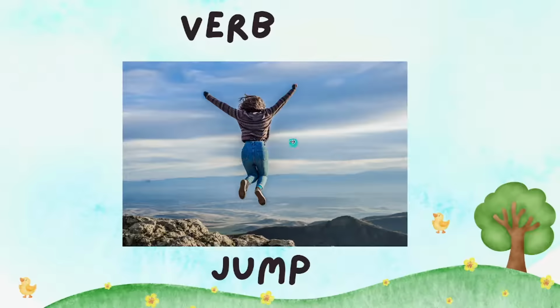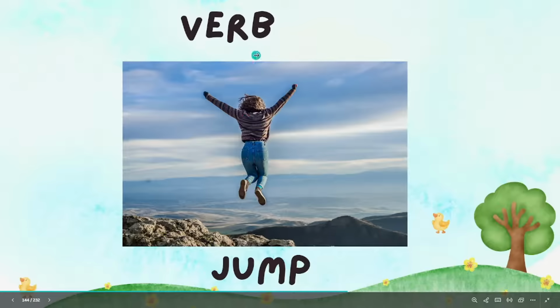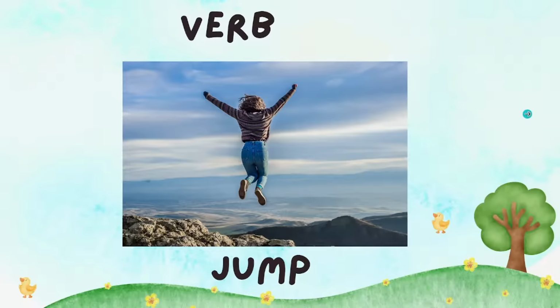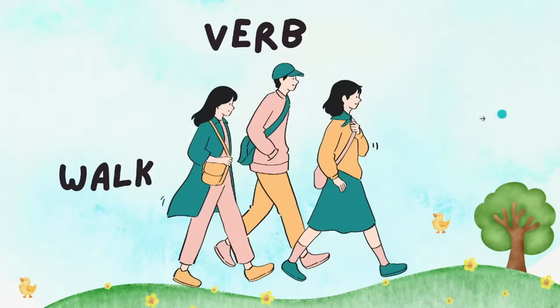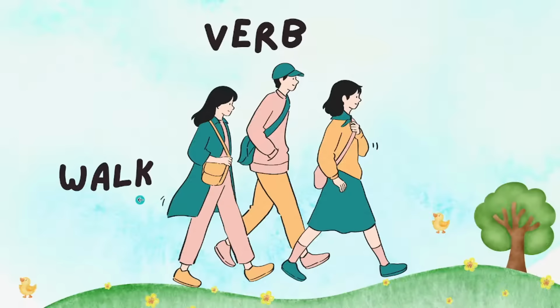Yes, for this example, what the girl is doing. Jump. That is already a verb. Now, next. Oh, here. Everybody's doing this one. We walk. I walk. You guys walk. Right?